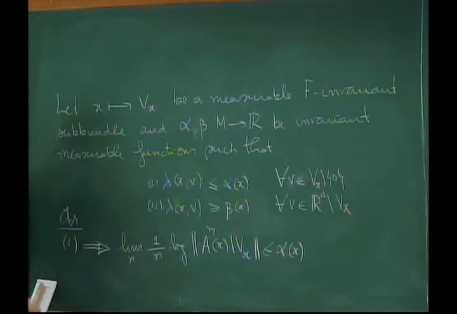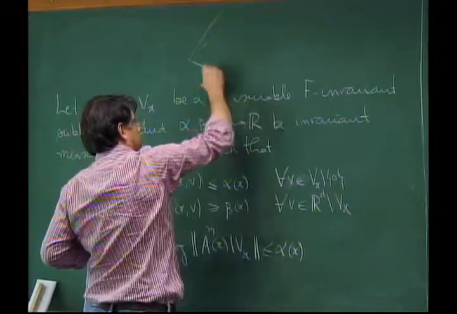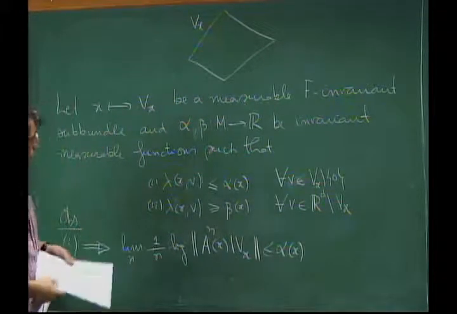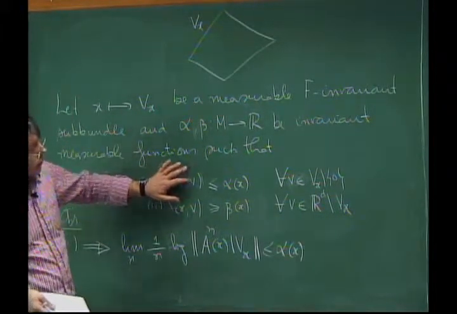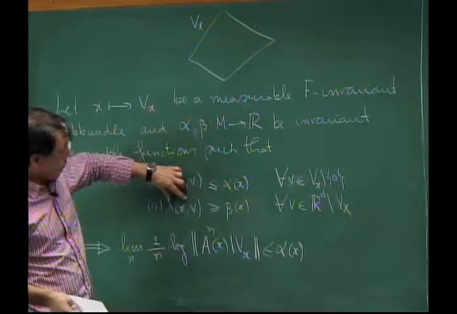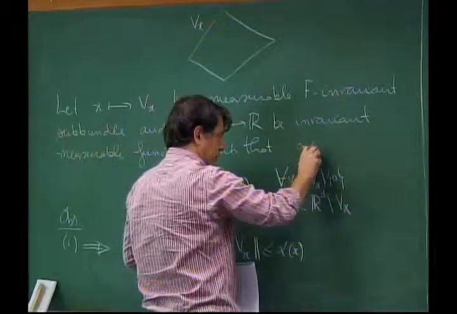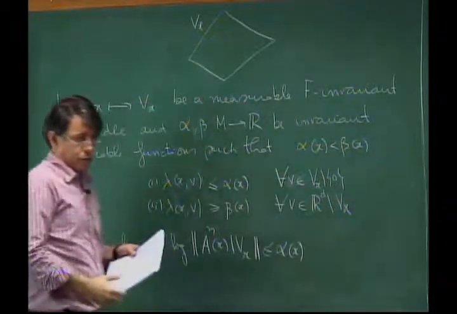Observation. I'm considering a situation where I have a vector subbundle, and the assumptions are that the rate of growth inside the subbundle is less than alpha, outside is bigger than beta, and alpha is smaller than beta almost everywhere.